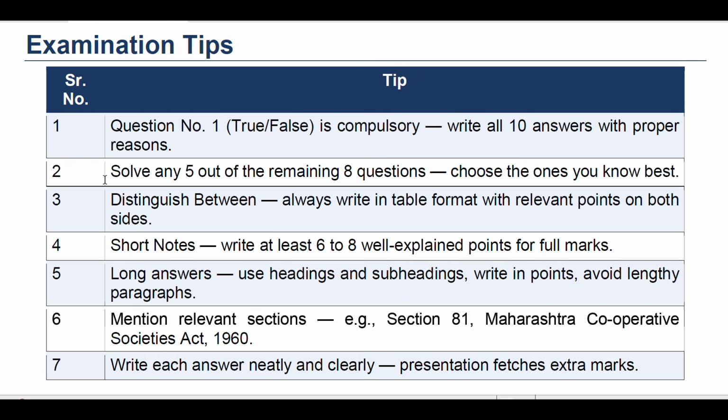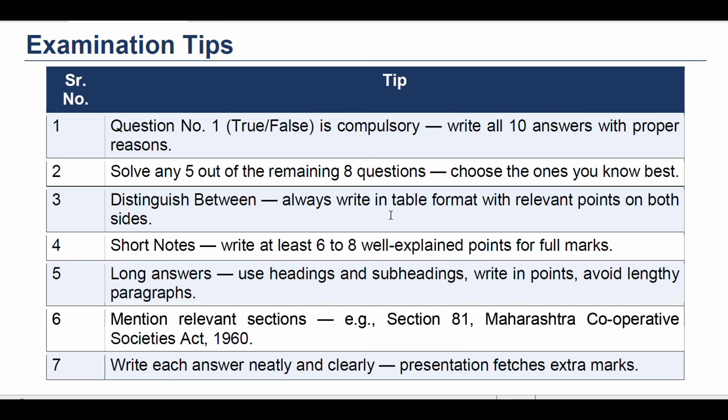Next tip, solve any 5 out of the remaining 8 questions, and make sure that whichever question you know very well, you write that first. Next, for distinguish between, always try to make tables, carry a scale and make a good table, and write relevant points for both sides. For example, audit, re-audit and test audit.